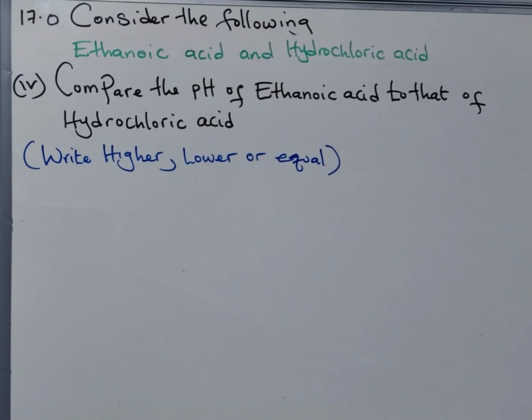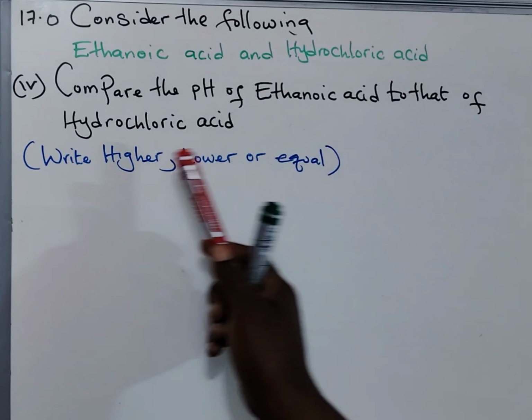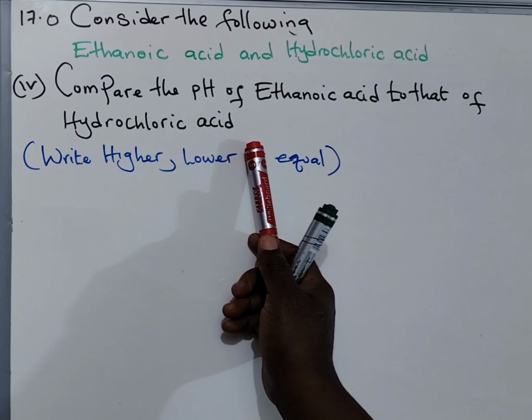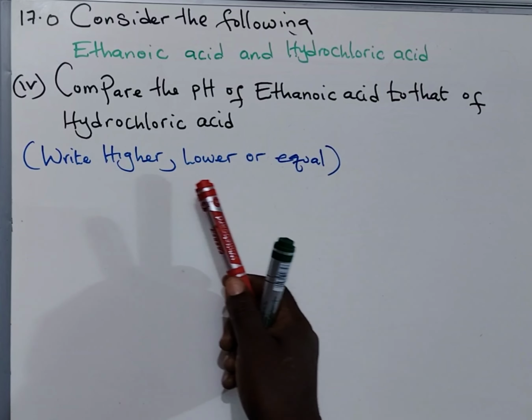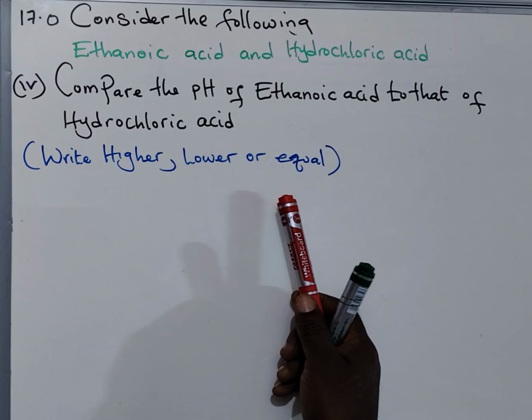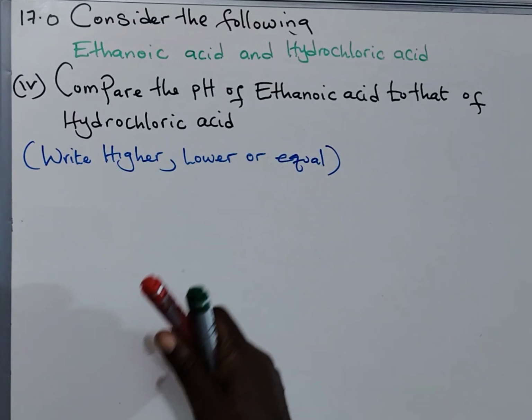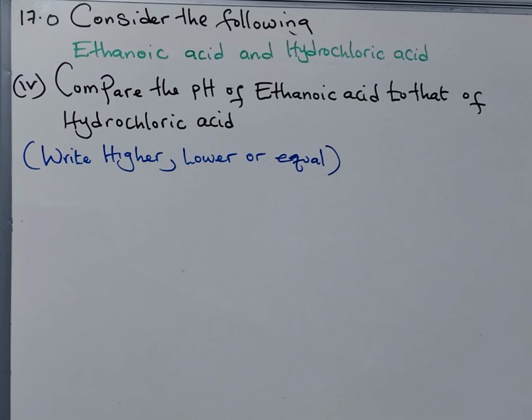Then comes this question. It says, compare the pH of ethanoic acid to that of hydrochloric acid. Write higher, lower, or equal. Yes, we are comparing ethanoic to hydrochloric acid in terms of pH.